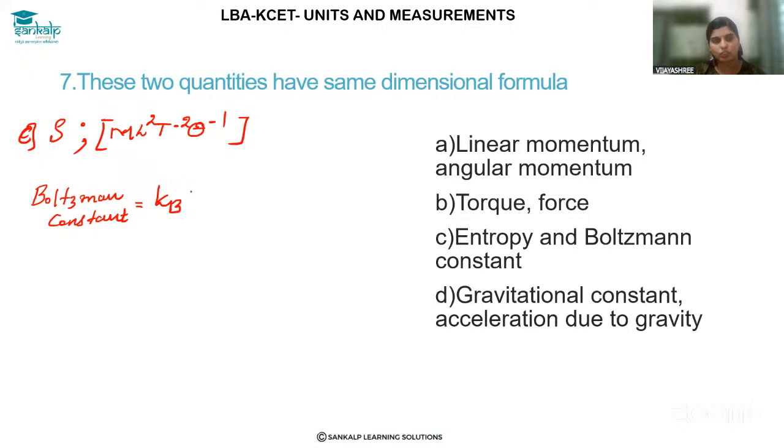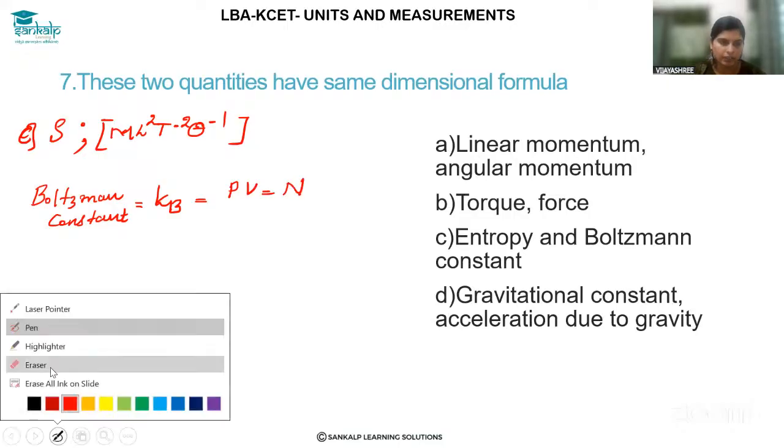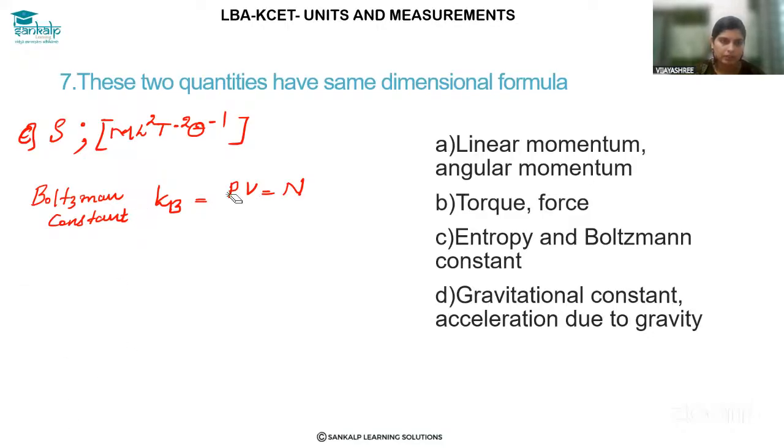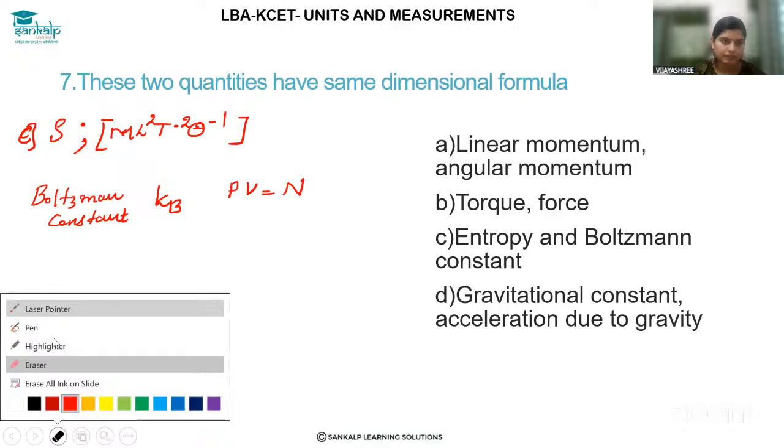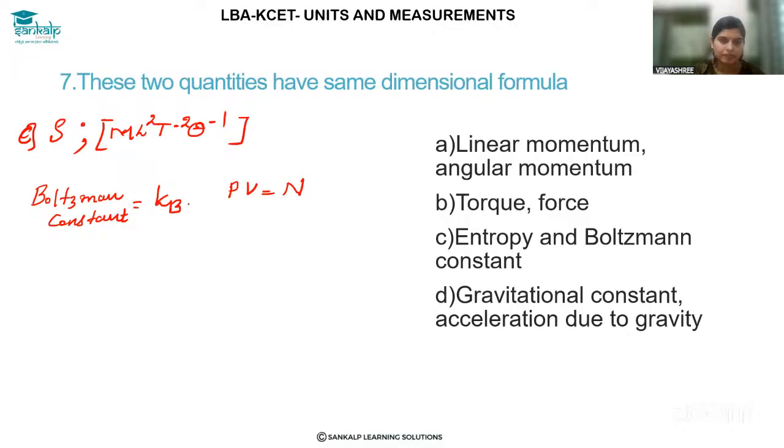KB is the Boltzmann constant, which is obtained from PV is equal to N KB T. So this implies KB is equal to PV divided by N into T. So PV means what?